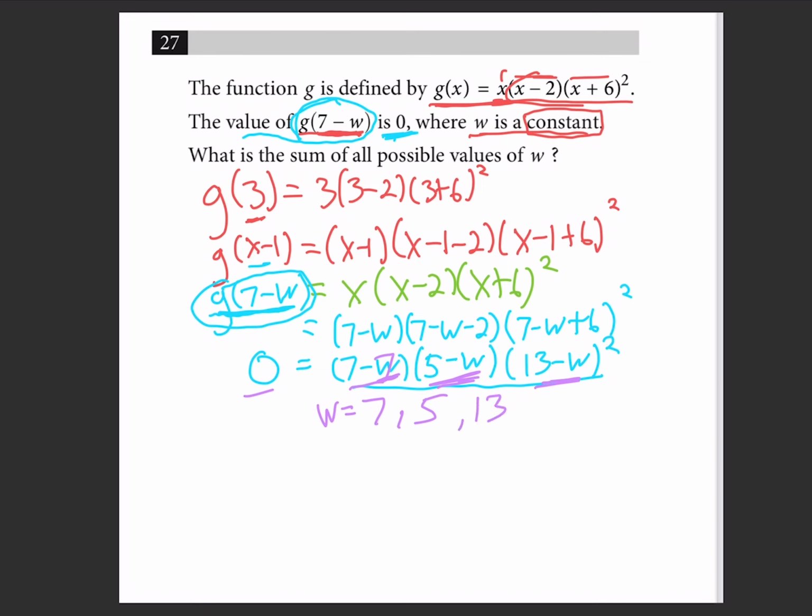So these are all possible values for w that would make this whole function equal 0. This is the way they ask it on grid-ins. There's no multiple choice, and they want you to know there's 3 answers, but that you can't grid in 3 answers. So it's saying, what is the sum? We just have to add up the 7, the 5, and the 13, and we get 25, and 25 is the answer to that problem.